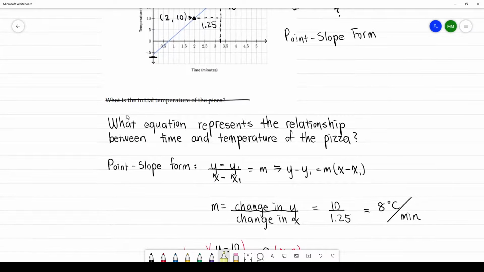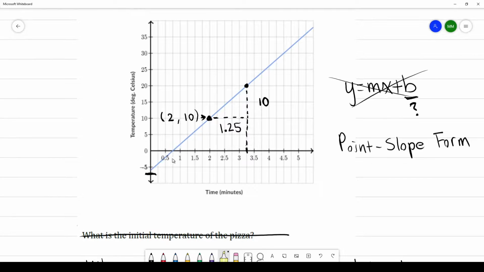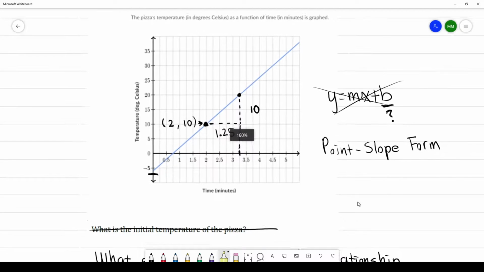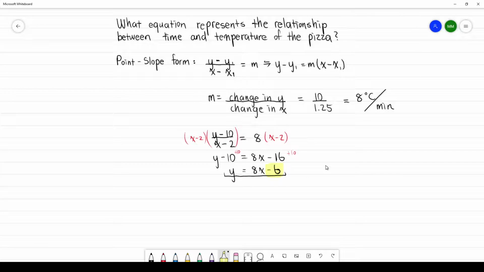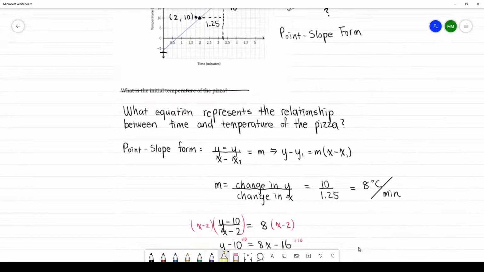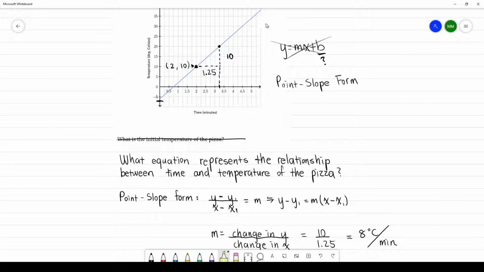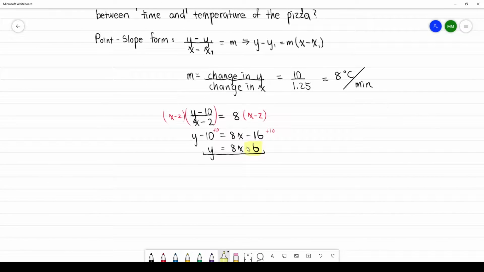Now it looks like a whole number, but the reason it doesn't show up here is because the scale is counted in 5, so you can't really say whether this is 6 or not. But now we know the y-intercept is negative 6. I chose 10 and 2 as my point, but of course you can choose any point. When you simplify down to slope-intercept form, you should get the same equation. This part might be different, but the final part should be the same, whatever method you use.